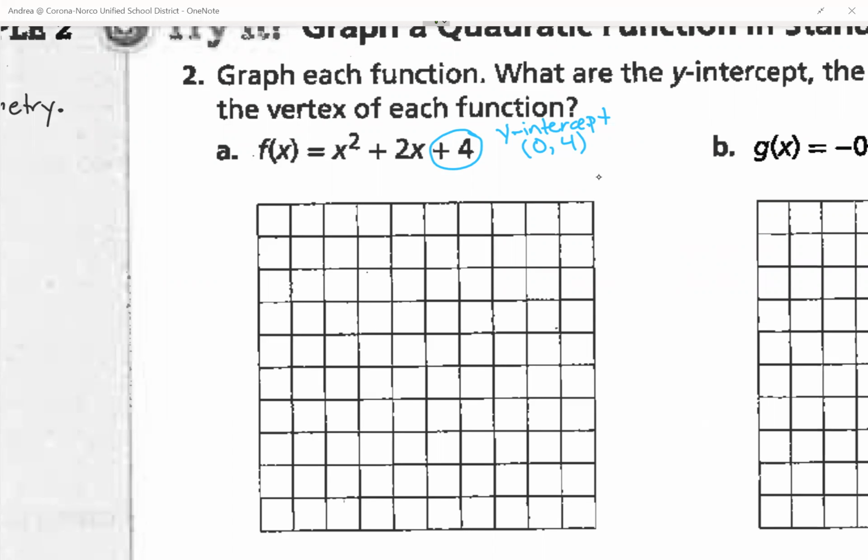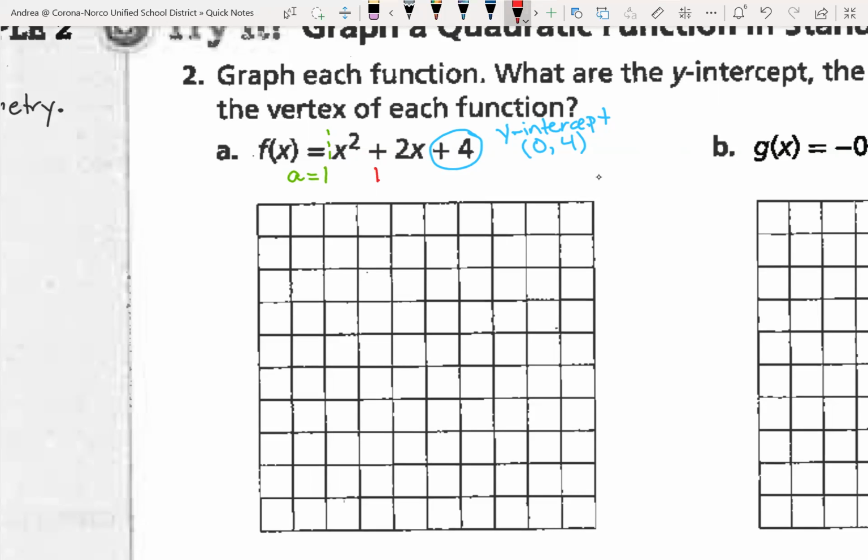The a value is the number in front of the x squared. We've already determined that when we graphed in vertex form. So the a value is 1 here. What's new to us is that b value.